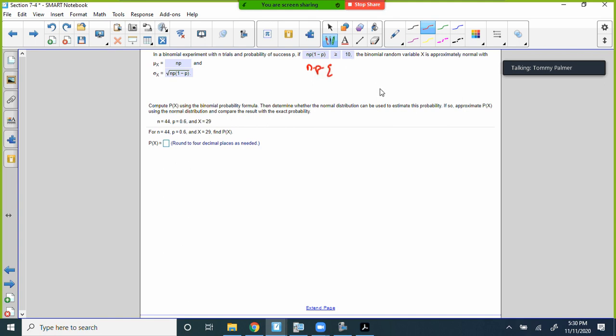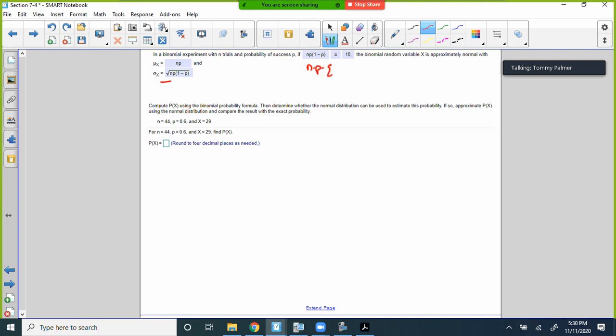If that is greater than or equal to 10, then I can do a normal approximation on a binomial probability. I can treat that curve, and then of course there's the calculation for the mean, mu of x, and the standard deviation of x.